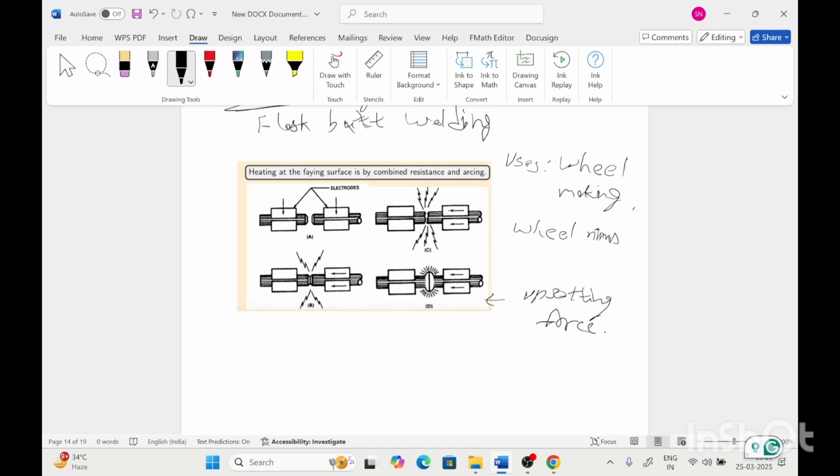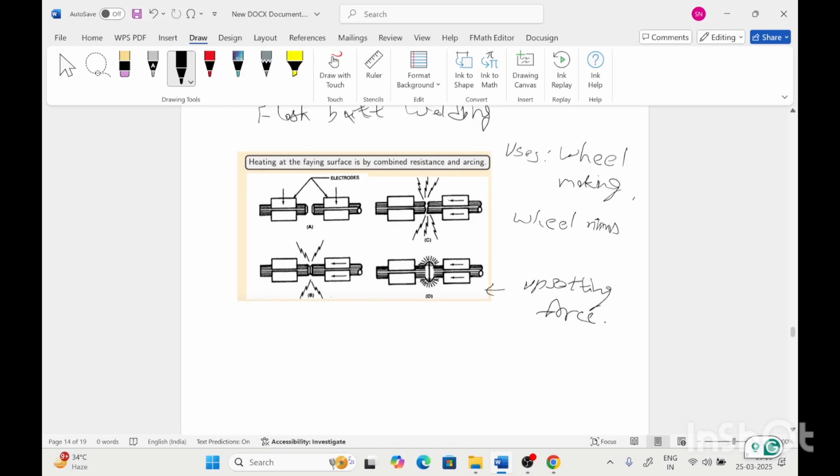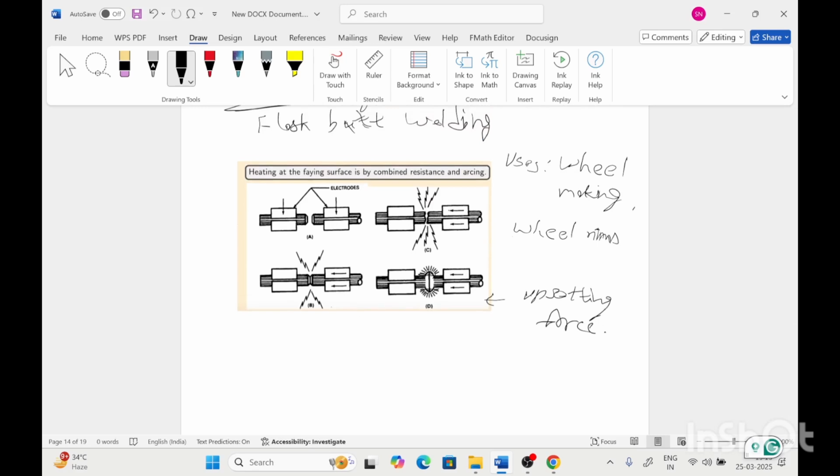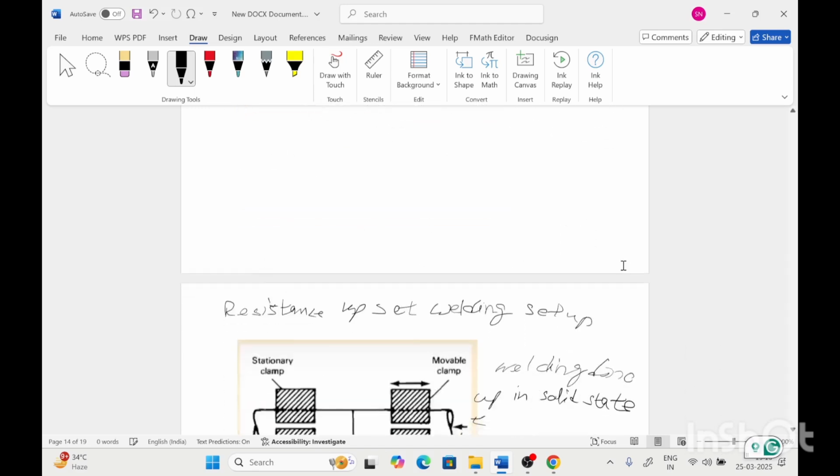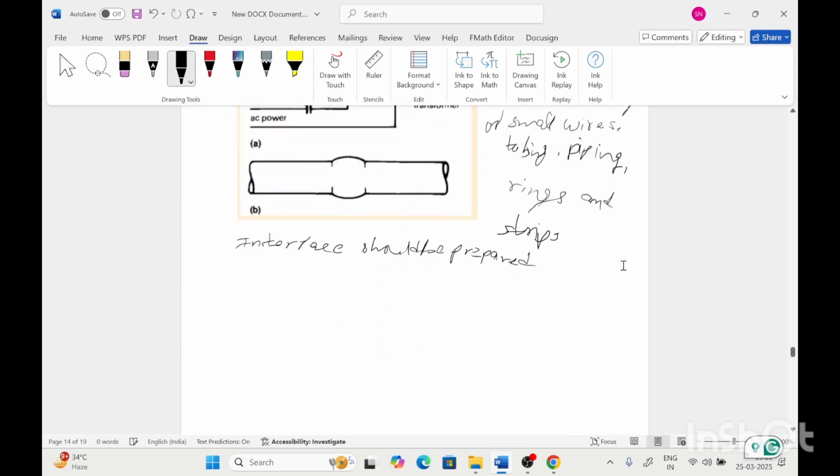Any impurities present at the interfaces will go out in the outer section, and the extra butt shape can be removed after formation of the welding joint. So in this, surface preparation is not needed, while in resistance upset welding the surface should be prepared.